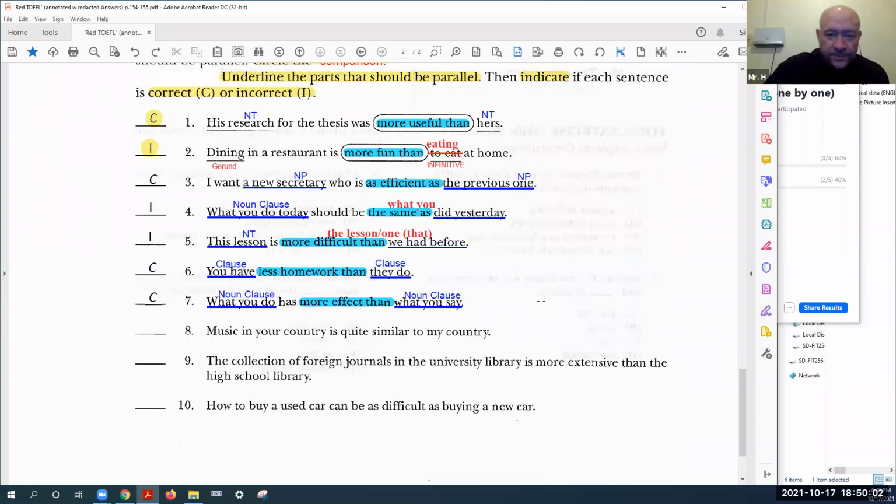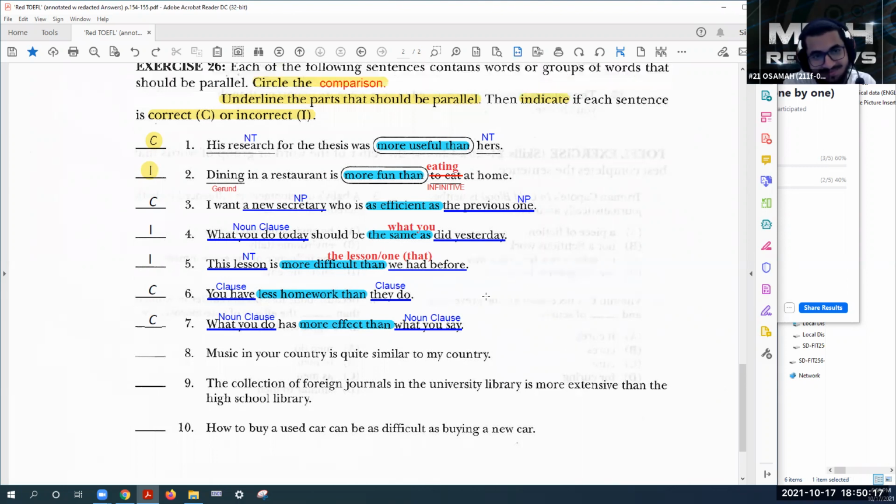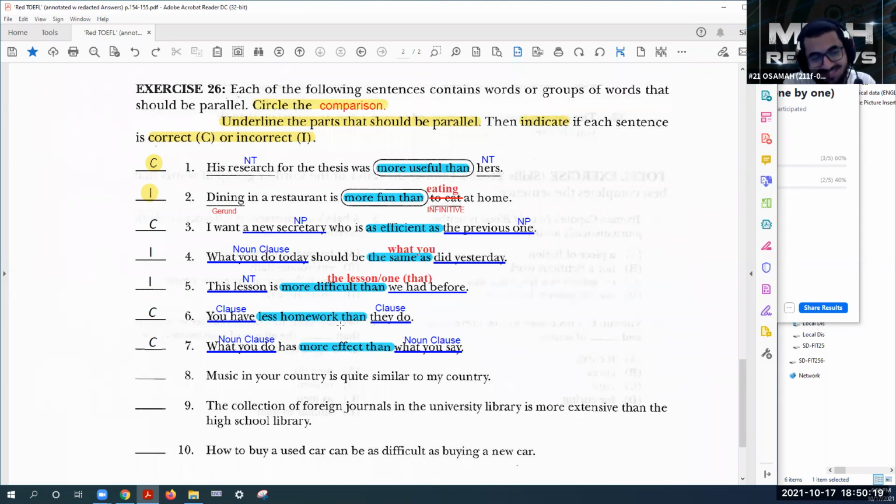But I have a question. I think we have to put much effect, because effect is uncountable. All right. Is this an adjective or a noun?